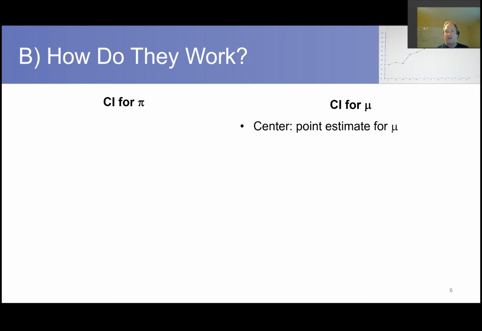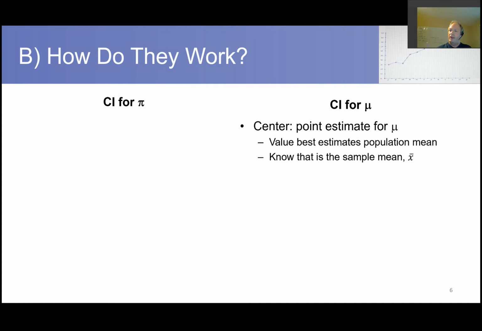So again, the center of the confidence interval for the population mean is the point estimate for mu, and that's x bar, the sample mean. In other words, if you were given a sample and asked for the one value that you think is the best estimate for the population mean, you'd choose the sample mean, right?